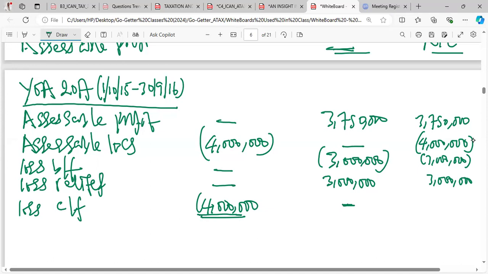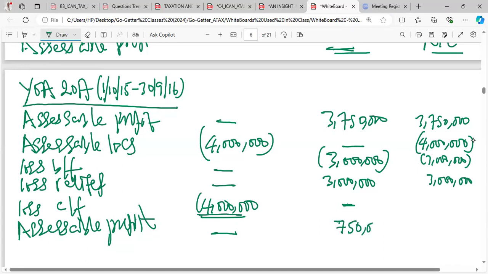So we have accessible profit. So this is the best way here. Accessible profit here is dash. Accessible profit now will be 750,000. So for the group is 750,000.